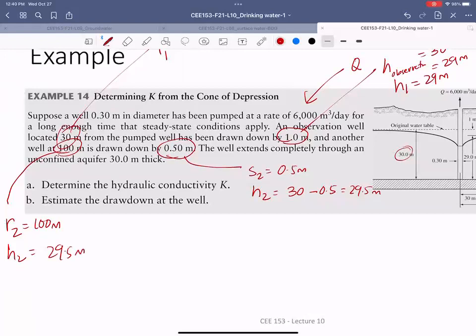R1 is 30 meters, H1 is 29 meters, Q is 6,000 cubic meters per day.